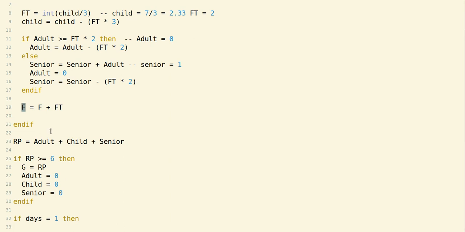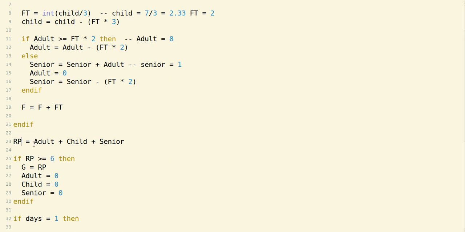But before that, if there are enough adults, children or seniors that are left behind, the values of adult, child and senior that are left behind are combined together into one value of RP, being remaining people. And if that value is greater than or equal to 6, then we're going to suggest that the user should purchase those as a group ticket, because it would offer a better value than purchasing single tickets.